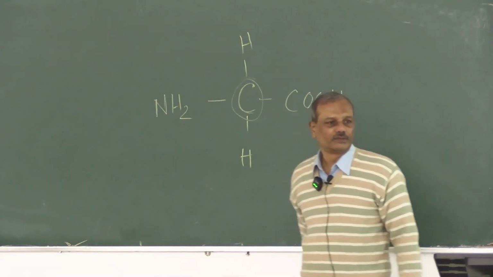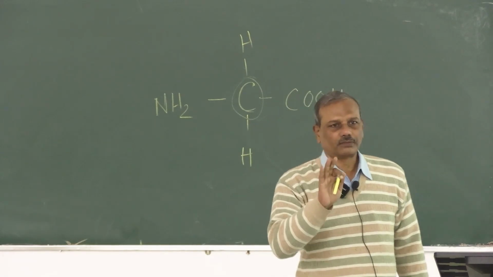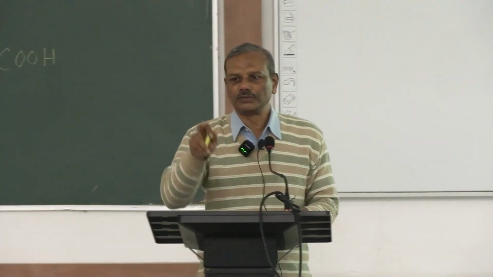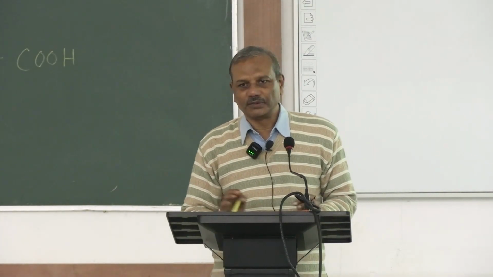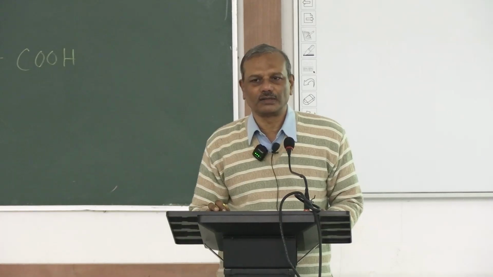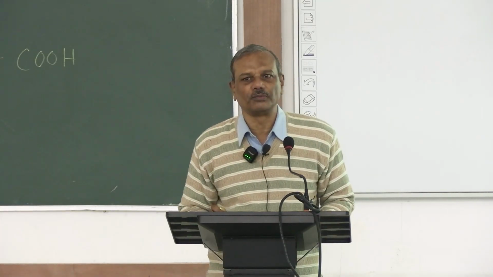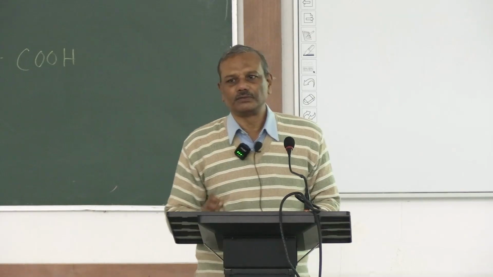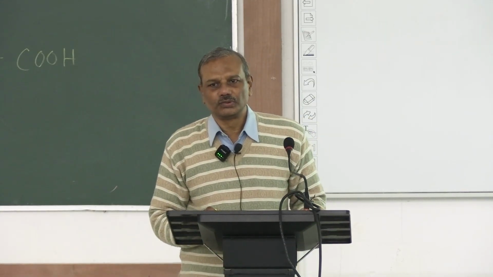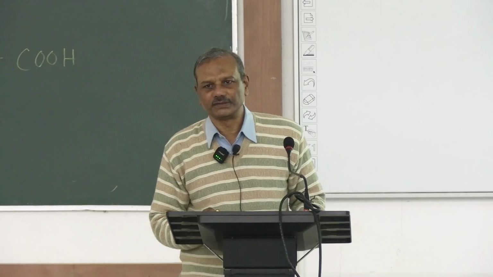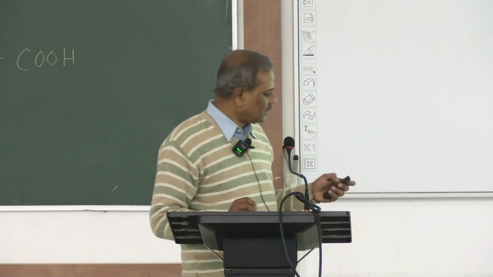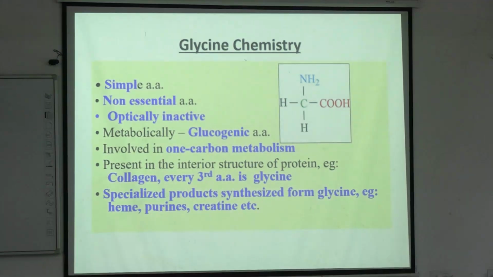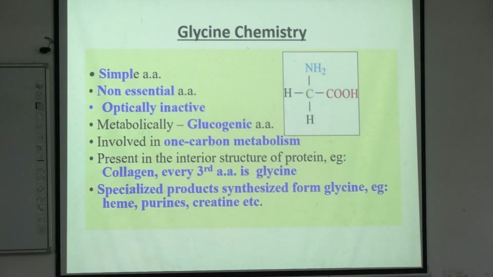is actually given, and you will be told about one carbon metabolism. Write down, one carbon metabolism is a very good short note. It can come as a short note, and you may be asked about one carbon metabolism in the Viva also. Glycine is involved in one carbon metabolism through N5N10 tetrahydrofolic acid, or tetrahydrofolate.